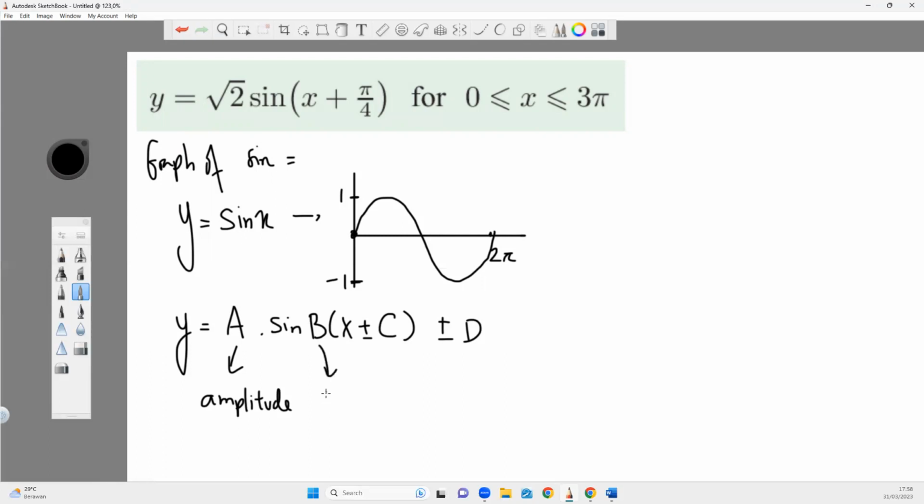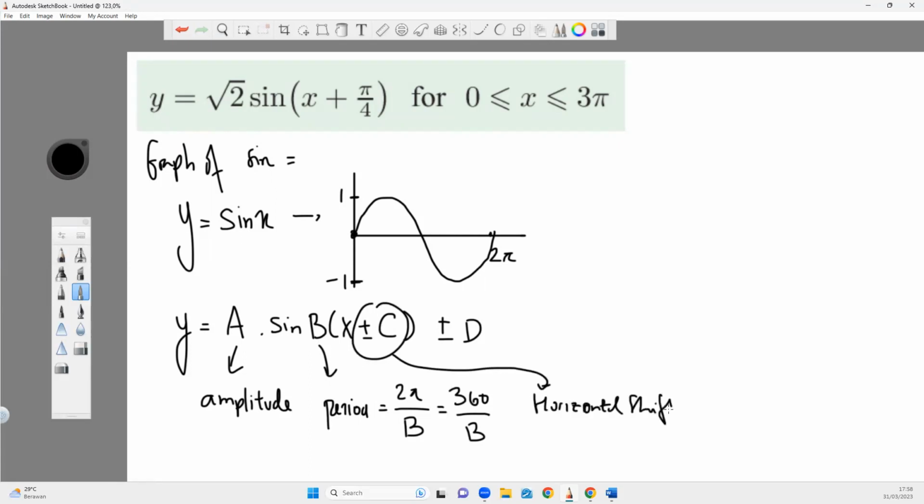And b is a part of the period, so you need to calculate the period by dividing 2 pi by b. Or you can just write in terms of degrees, 360 over b is the same. And c here is the horizontal shift.